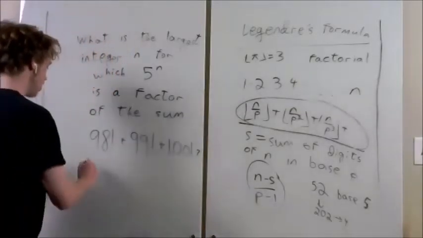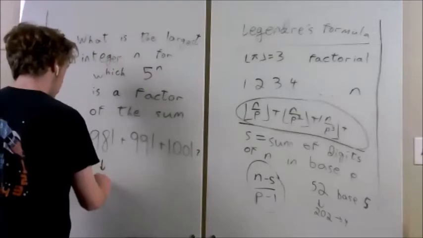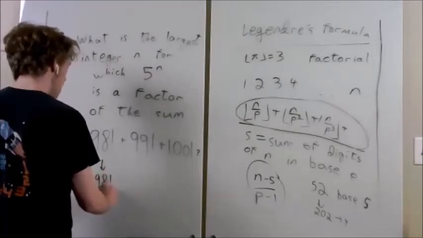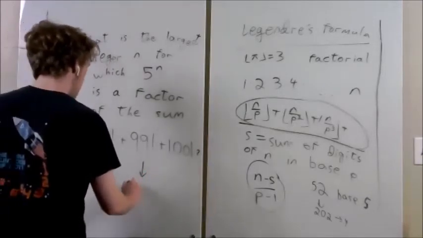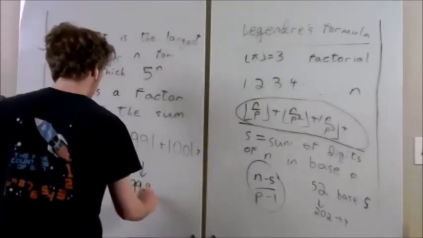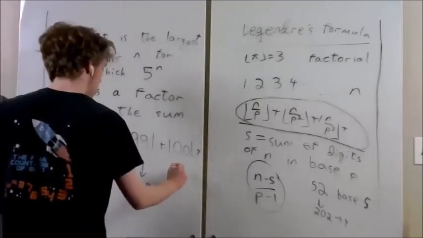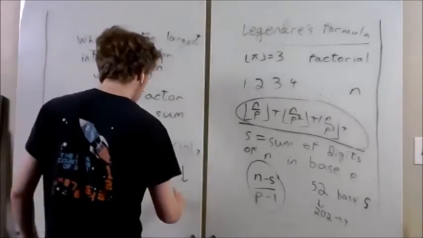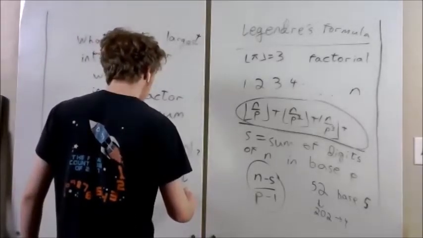Notice this 98 factorial. 99 factorial is 99 times 98 factorial. 100 factorial is 100 times 99 times 98 factorial.